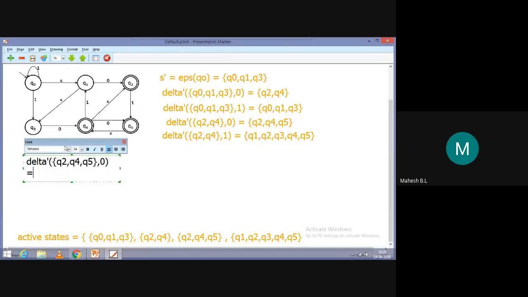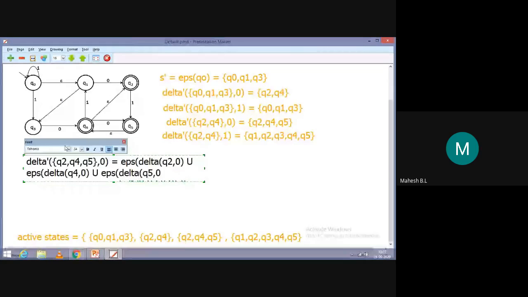This is equal to what? Epsilon of delta of Q2, 0 union epsilon of delta of Q4, 0, which is followed by union of epsilon of delta of Q5, 0.